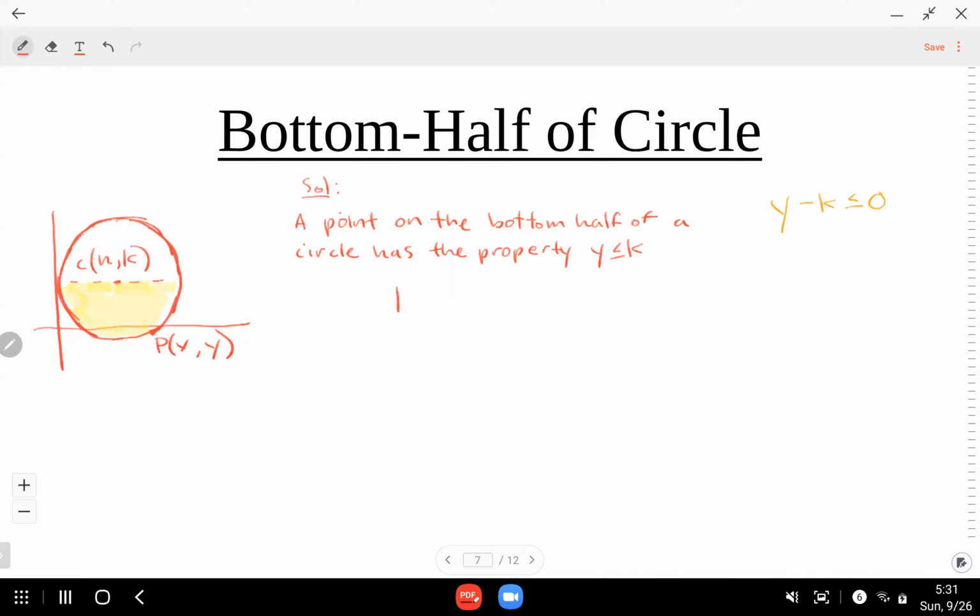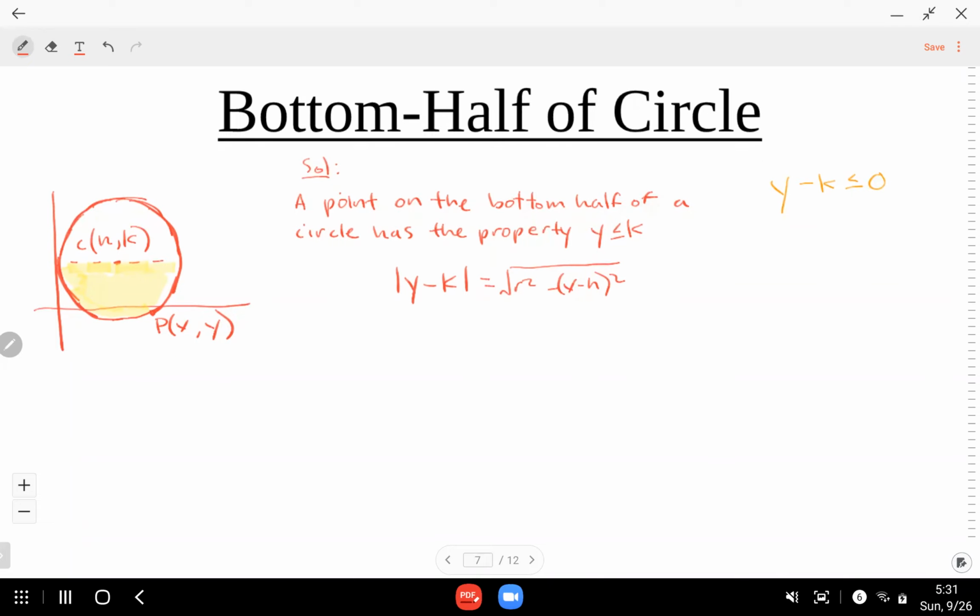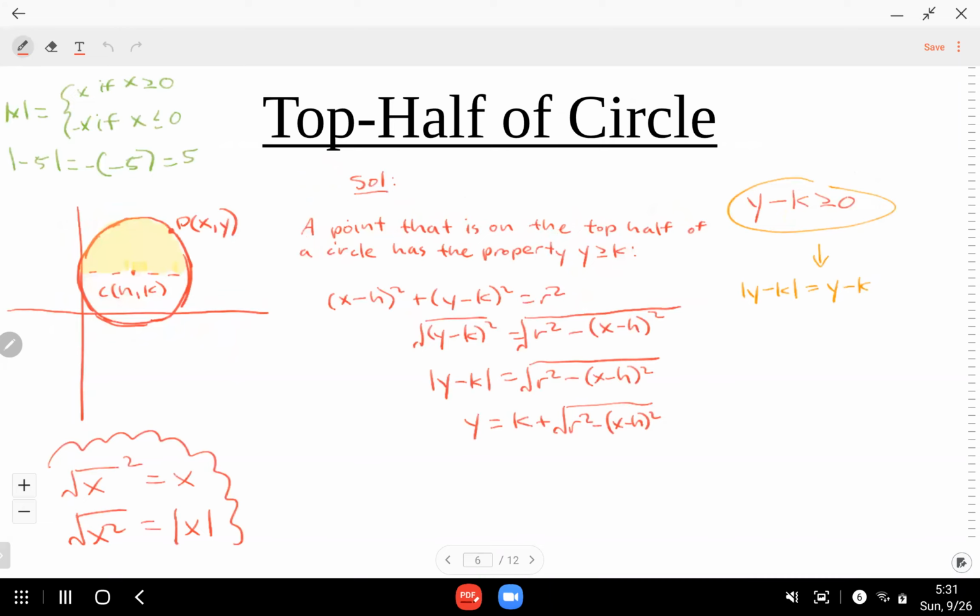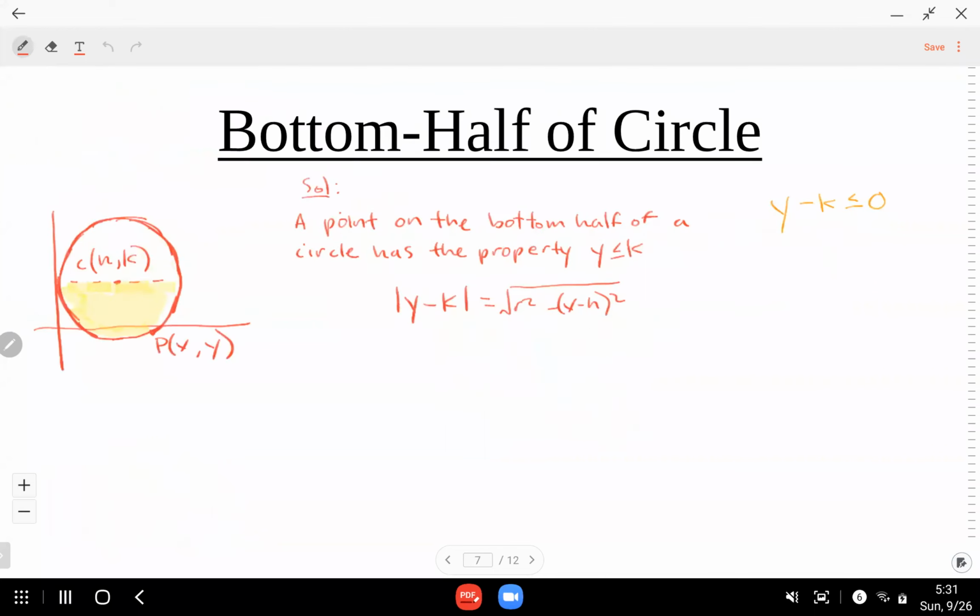Now let's go back to here. The absolute value of y minus k equals the square root of r squared minus x minus h squared. But now when we remove the absolute value bars, how are we going to do this? Think back: the absolute value of x is negative x if x is less than or equal to 0.